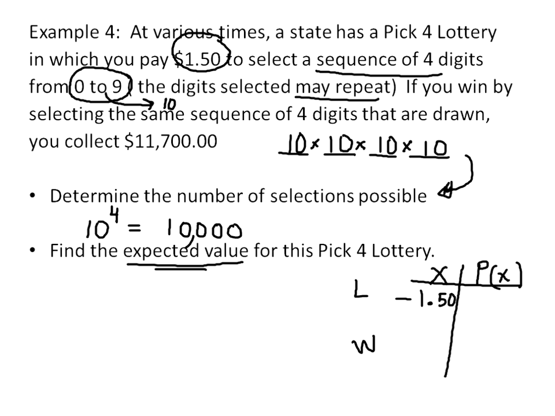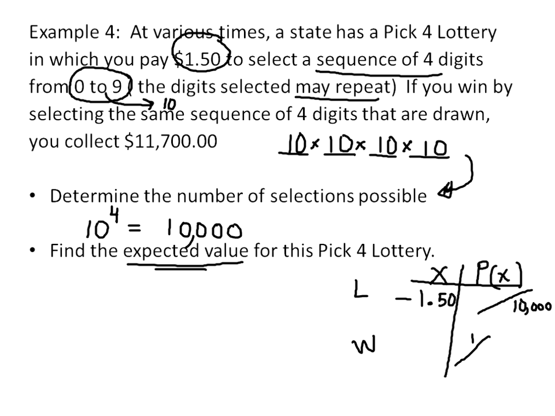Now what is the probability of losing? Well, there's 10,000 possibilities. That's your denominator. Out of those 10,000 outcomes, how many of them are not going to be the winning outcome? Let me ask it in a different way. How many of these will be the winning outcome? 1.